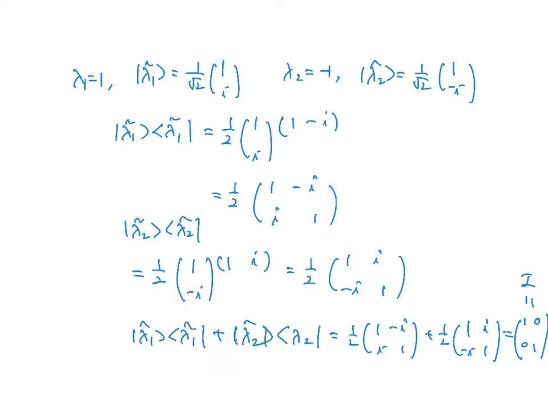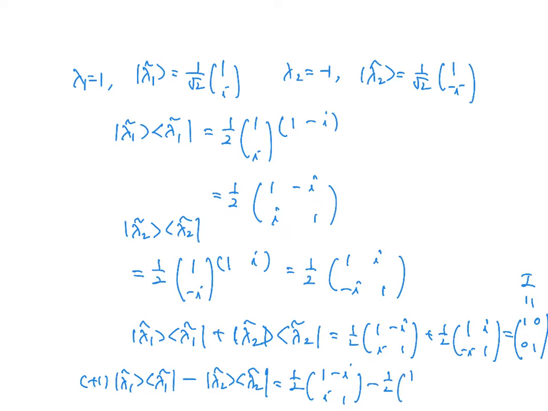On the other hand, the weighted sum, plus 1 times lambda 1 minus lambda 2, is 1/2 (1, minus i; 1) minus 1/2 (1, i; minus i, 1).